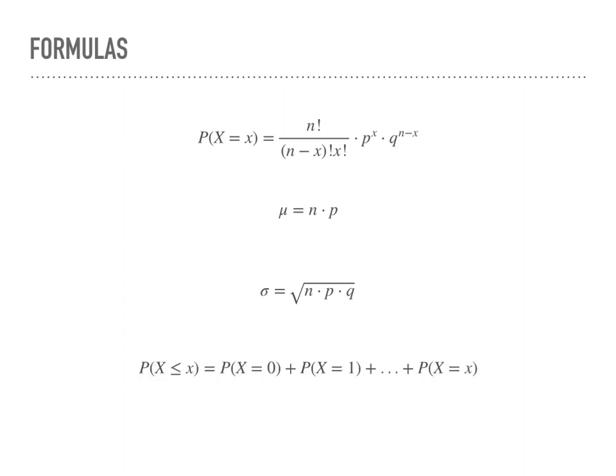If you're looking for the probability that x is less than or equal to little x, you'd be doing the probability x equals 0 plus the probability x equals 1 all the way up to the probability that x equals x.